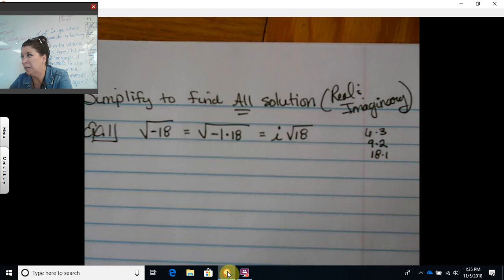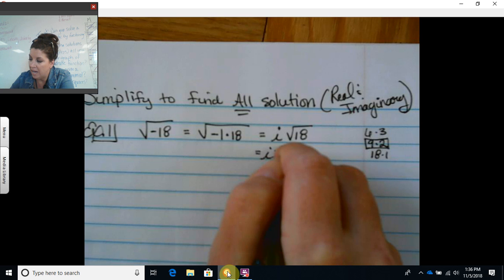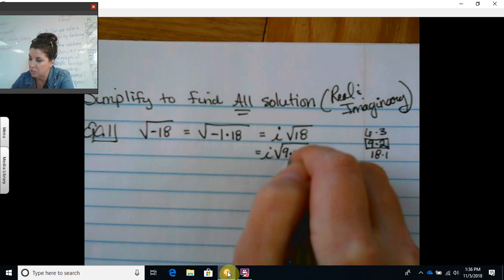Besides 1, 1's not going to help us. The square root of 1 is 1, we'd still have 18. But any of my others, are they perfect square factors? 9 and 2, right? So instead of writing i square root of 18, I would replace that with i square root of 9 times 2.